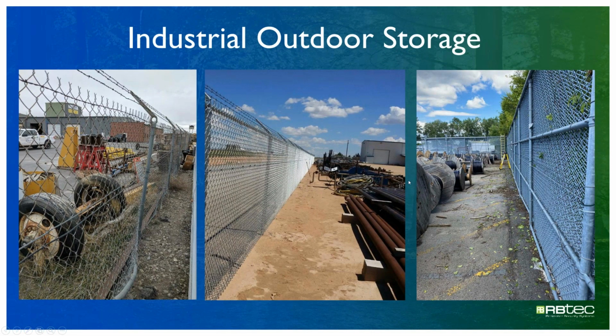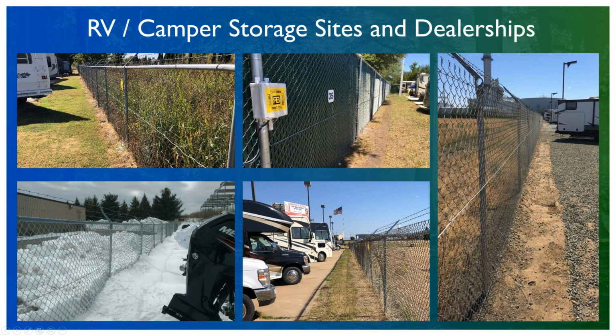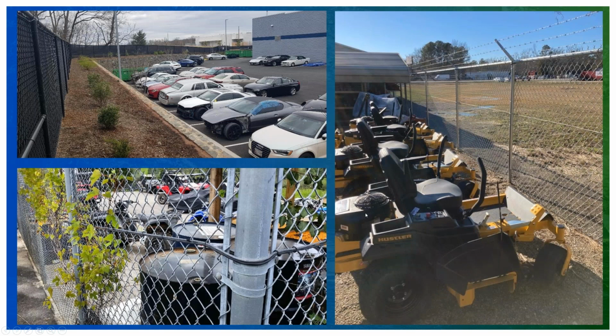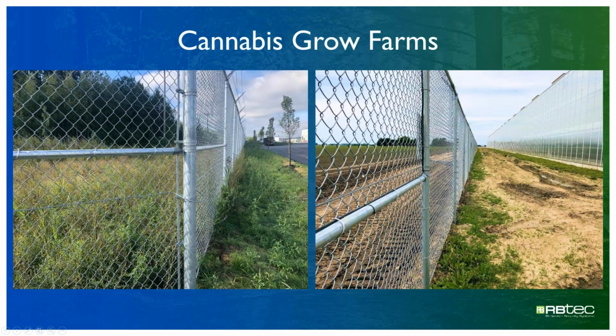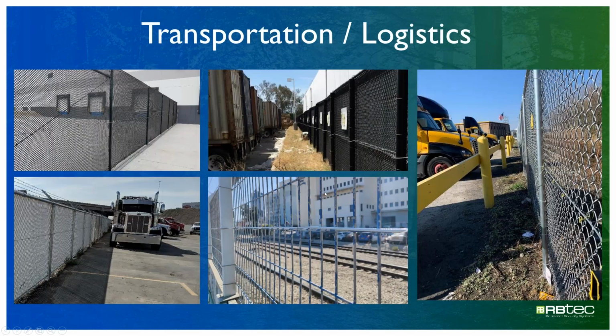Generally speaking, I just want to show photos of some of the installations and customers that we sell to. Again, a lot of industrial outdoor storage, solar farms of all kinds, a lot of RV, camper, boat, self-storage facilities, again, of all kinds. You can see that in all the pictures we have cables on the fence. So it's all from installations that we've done for different types of customers.